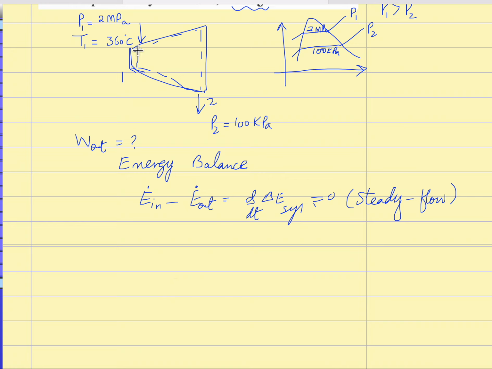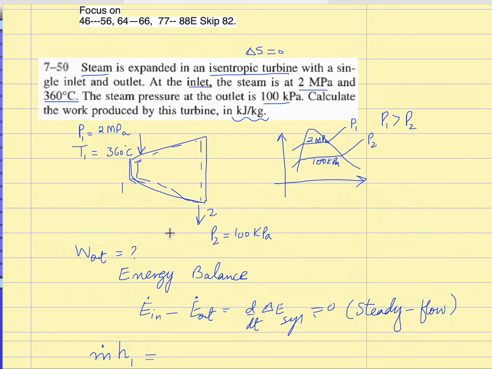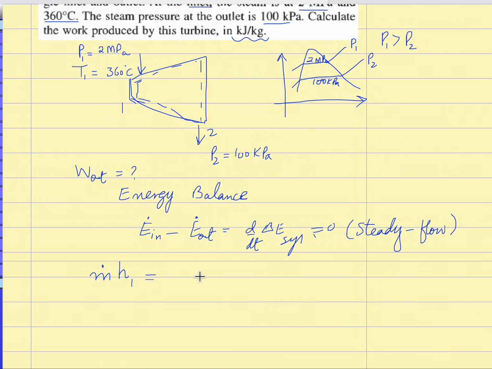When the steam enters, any mass which flows into the device carries the enthalpy H1, and there is no other input other than the steam going inside. We don't see any heat transfer mentioned, because this is an isentropic process, which is a reversible adiabatic process, so heat transfer is of course 0.